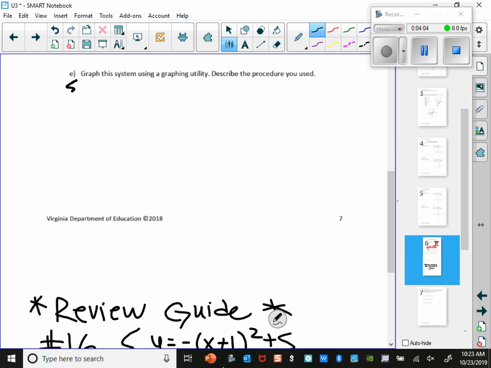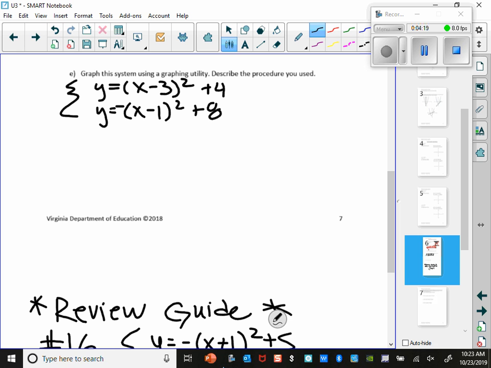So we have y equals x minus 3 squared plus 4. So if we're using substitution here, what could we do first? Good, set them equal to each other.